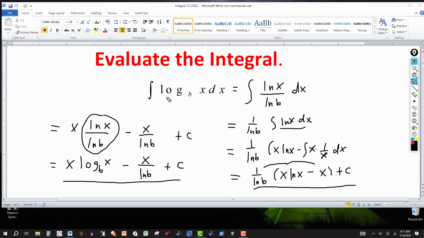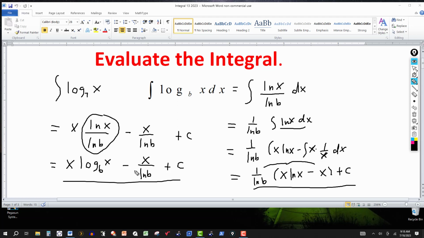So anytime you're asked to integrate the log to base b of x, that could be base 7, base 2, you can do this procedure every time to get the answer. So if you had the integral of log of x to the base 7, you'd give this exact same thing.